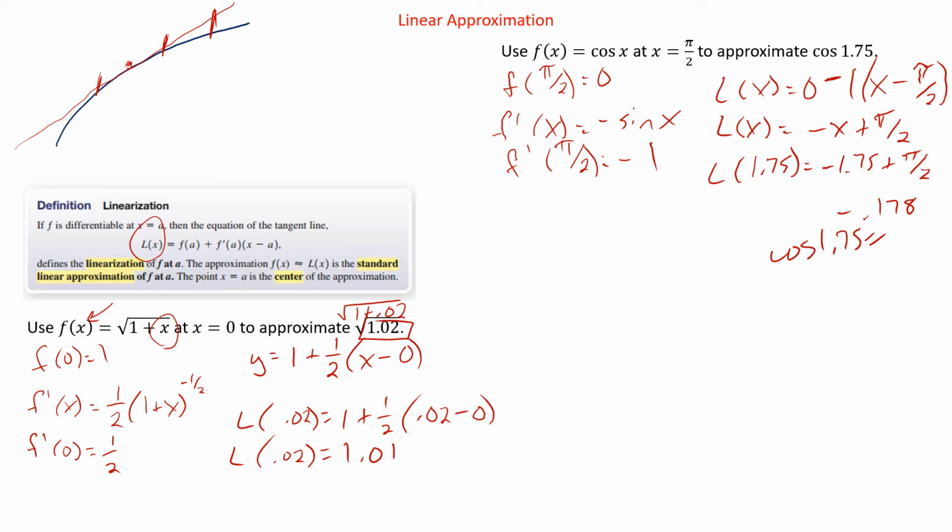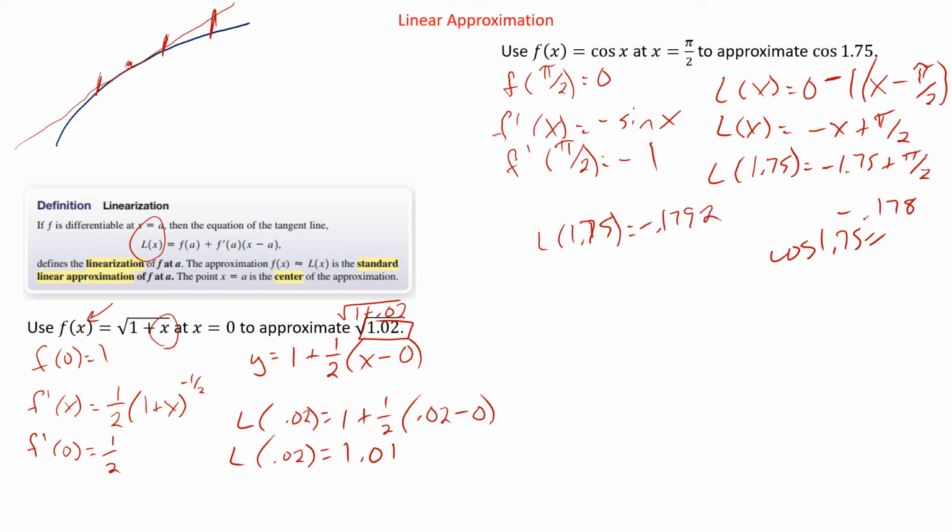So our approximation L of 1.75 is going to be negative 1.75 plus pi over 2, which is negative 0.1792.